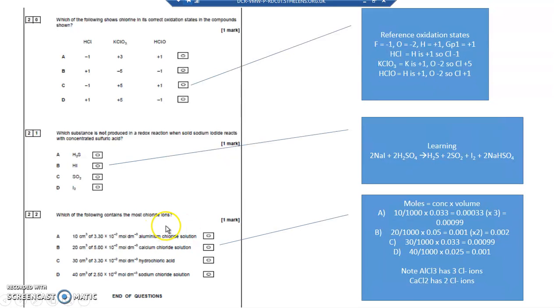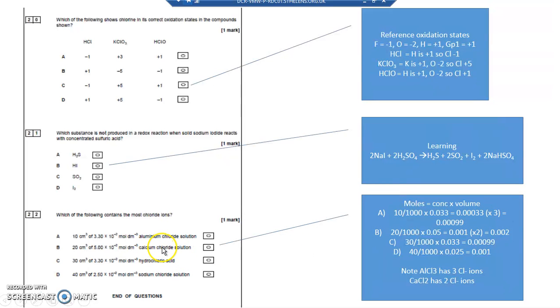So you've got Al3 plus and Cl minus. You need 3 minuses to balance out the 3 pluses on the aluminium. So aluminium chloride is AlCl3. So when it dissolves in water, it's going to make 3 moles of chloride ions from 1 mole of aluminium chloride. That's why you've got to multiply by 3.